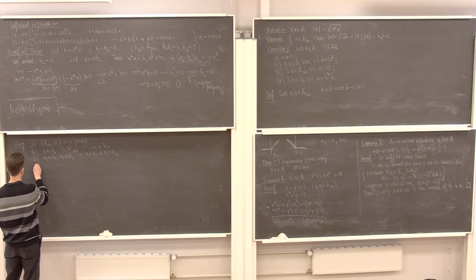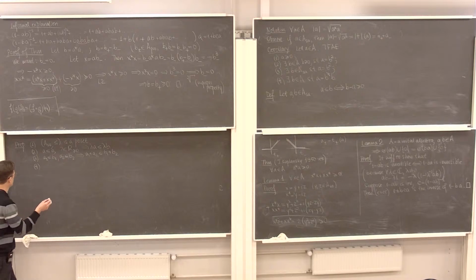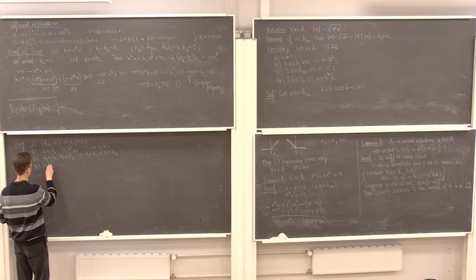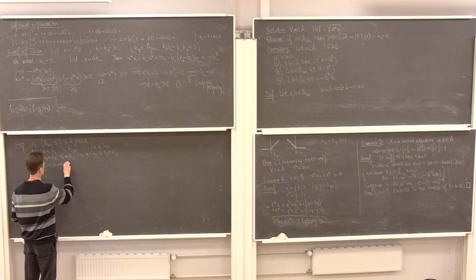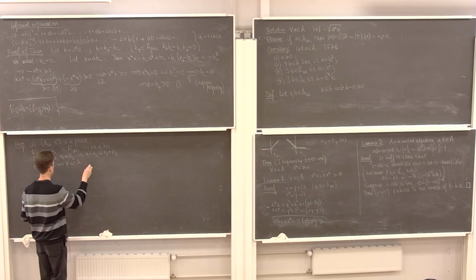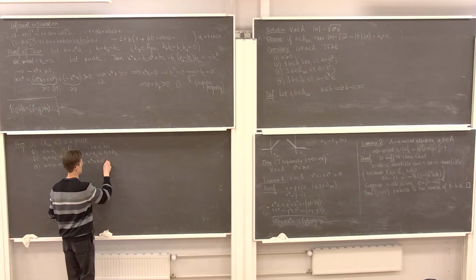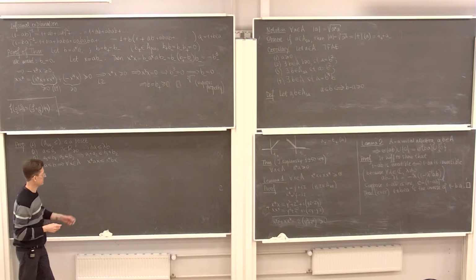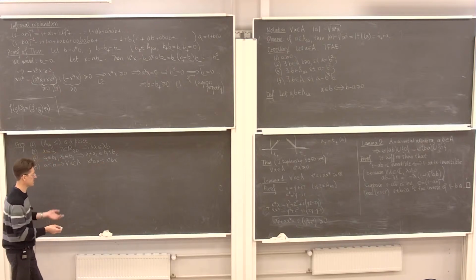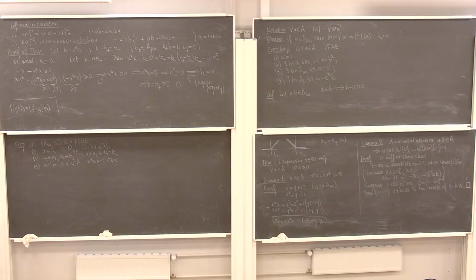Property 4 looks as follows. If A is less than or equal to B, then for every element x in our algebra, the element x star A x is less than or equal to x star B x. So we can multiply by x on the right and by x star on the left, and we have the same inequality.